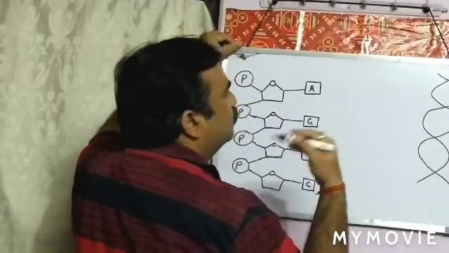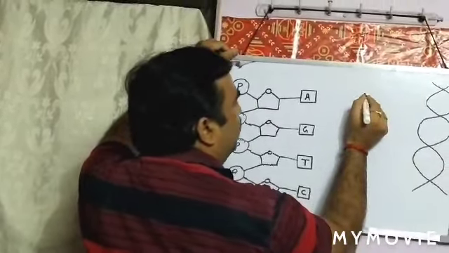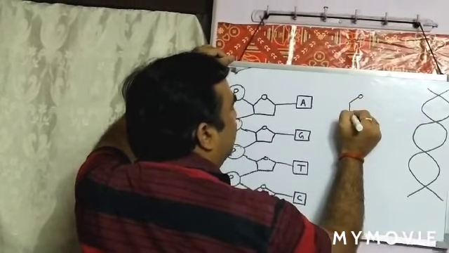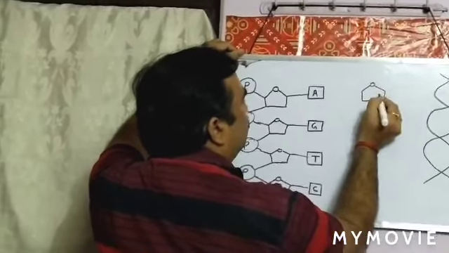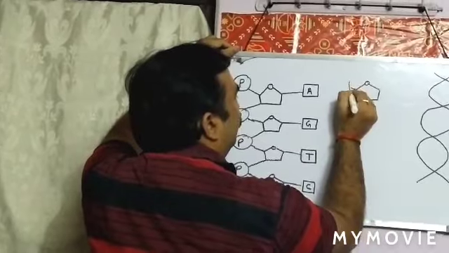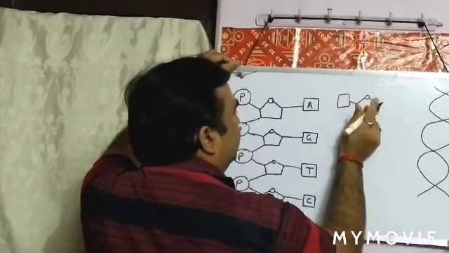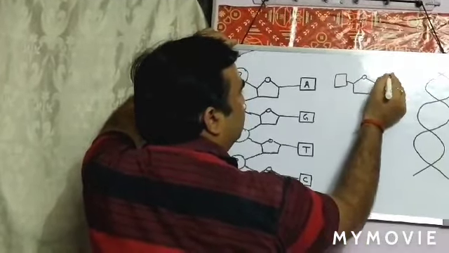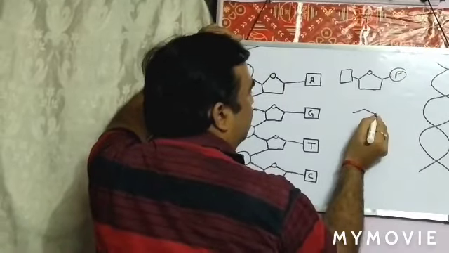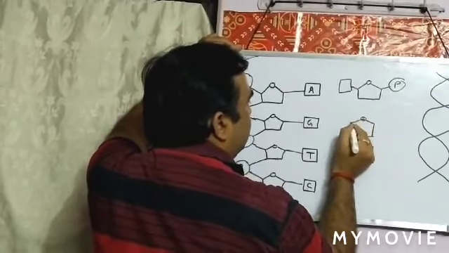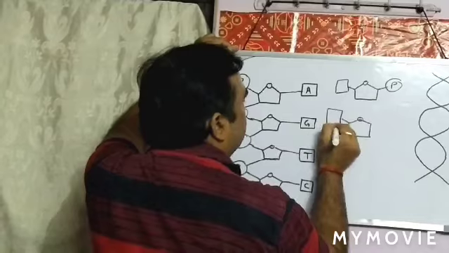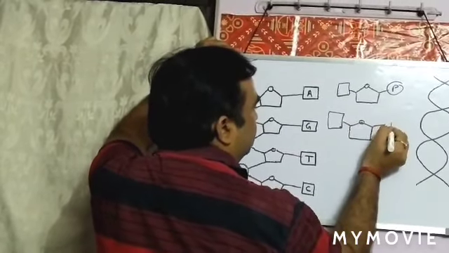And that is also made up of the same components. Their components are nitrogenous base, pentose sugar, phosphate. Clear? Pentose sugar, nitrogenous base, phosphate.